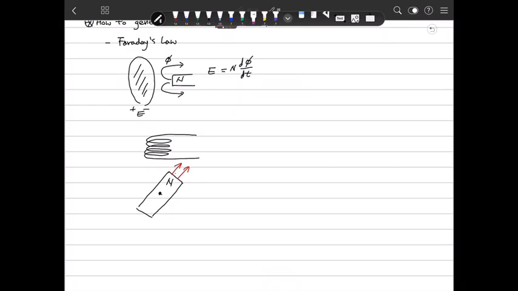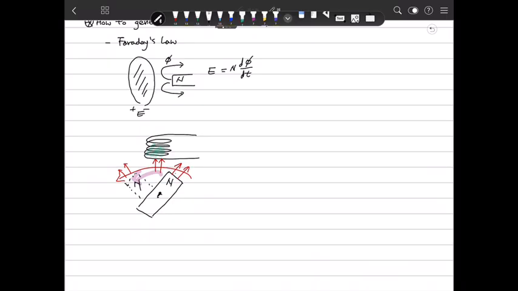Then we move this magnet in here, and this magnet moves like that. This N, then flux will be here. Because of that, flux will move in this manner. So in the time domain, in this area, flux is varying.